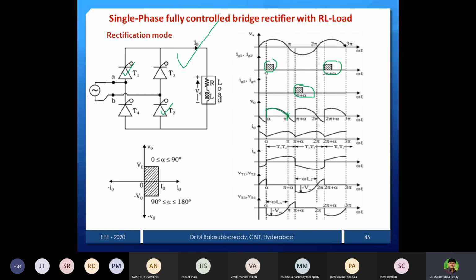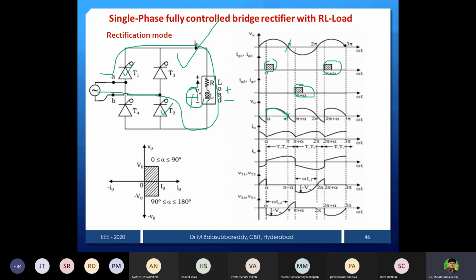Once it reaches pi, what will happen? Normally, supply is 0, load voltage also 0, but current is there while T1, T2 are conducting, current is passing through the inductor. So it will store energy with plus and minus. But now because of this energy, the EMF polarities of the inductor will reverse, and now this will be minus and this will be plus.